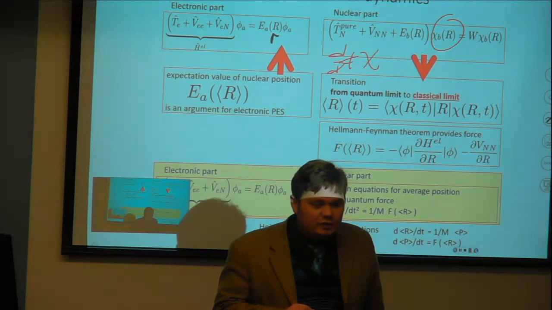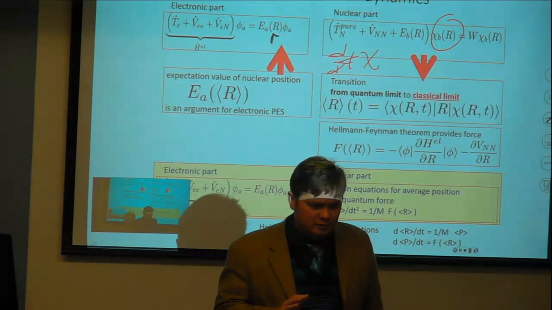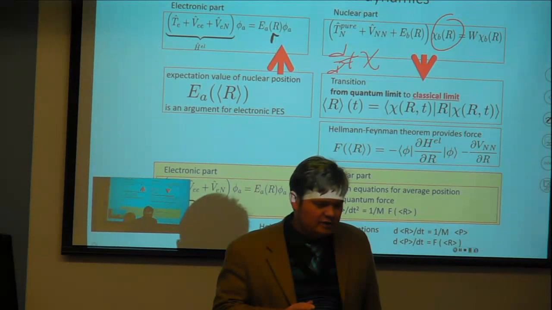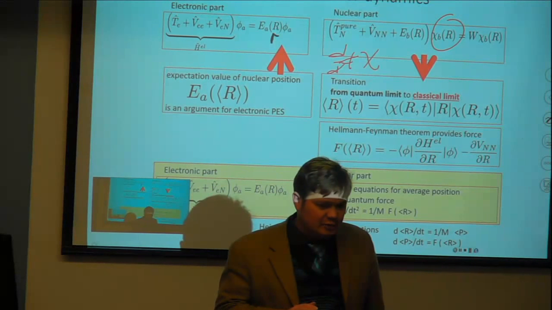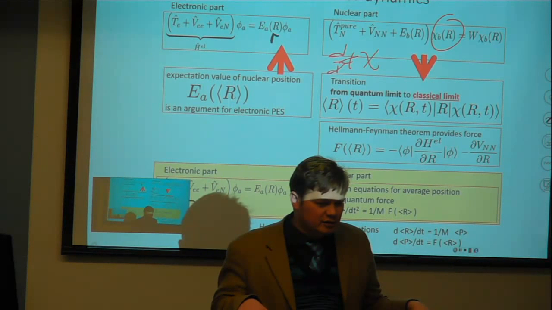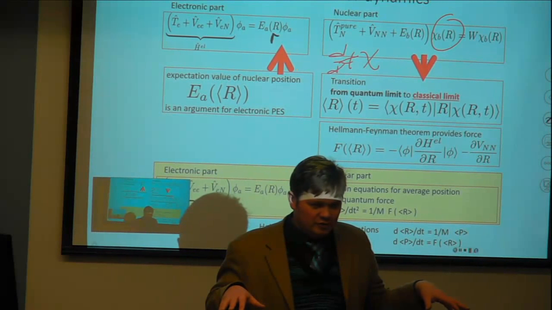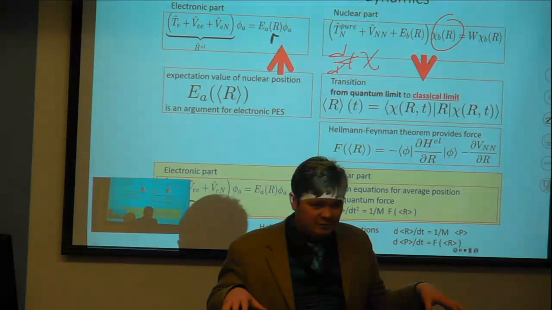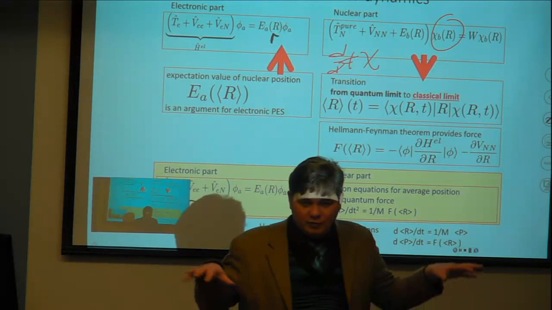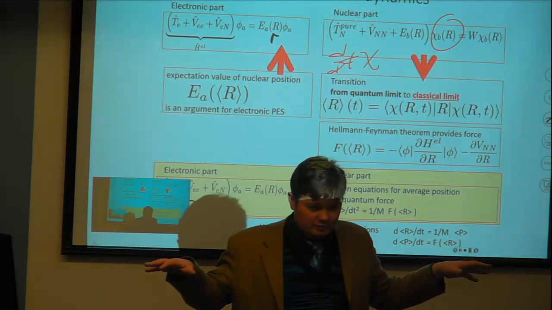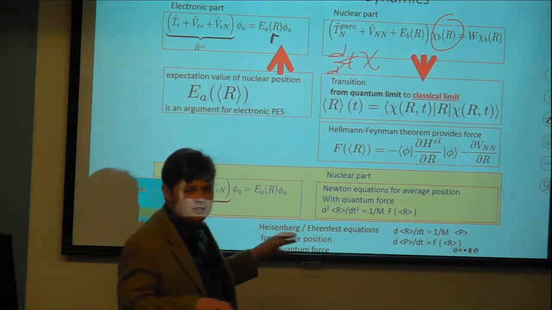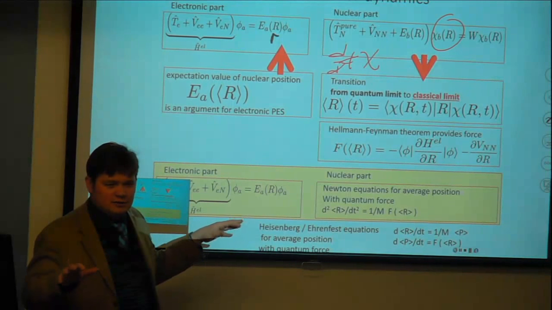Here, we need to accept it because nothing else is possible. By the level of today's development of computational facilities, one cannot solve electronic and nuclear wave functions together for all degrees of freedom. Some brave individuals do research on nuclear wave functions, but it is done for maybe 1 or 2 degrees of freedom, not for all 100 of those. For all 100, it's too early for today and for the next 10 or 20 years.